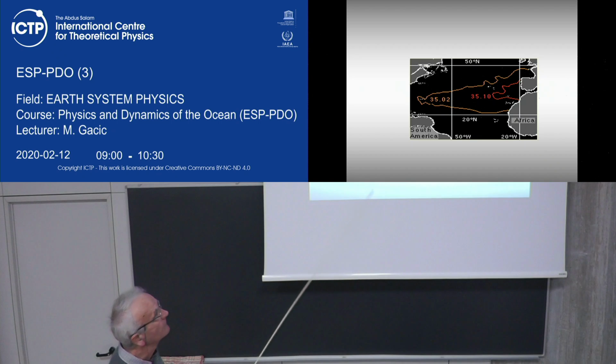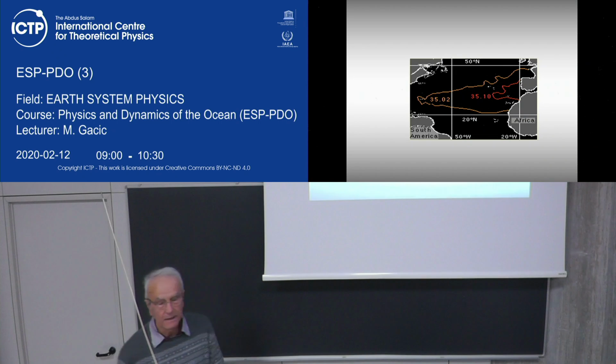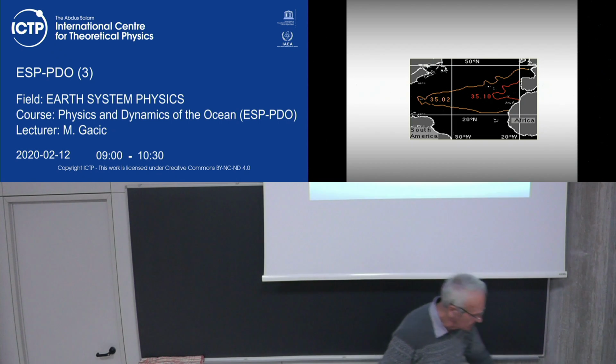The presence of the Mediterranean water with all its characteristics is there, except that the contrast between the characteristics of the Mediterranean water and the surrounding Atlantic water is much less expressed than it was at the Gibraltar Strait. Okay, that's it. I will finish with this.